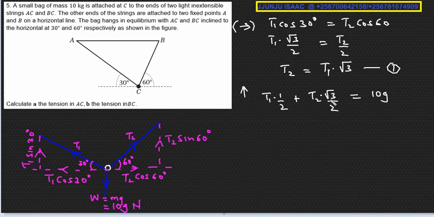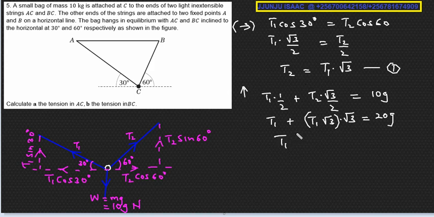So now we can substitute. Let me first substitute for T2, because T2 is equal to T1 root 3. Now T2 is here. We have T1 root 3 times root 3 over 2, but now I'm going to multiply with 2 throughout. This is 20G.